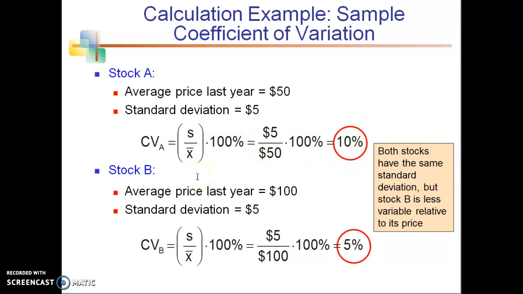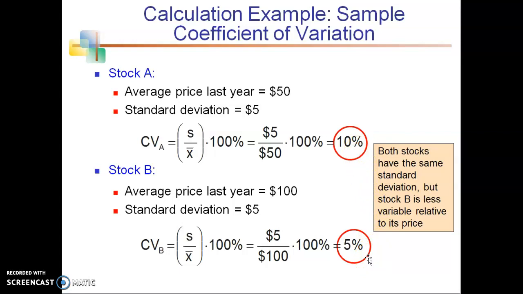Whereas stock B has the standard deviation, same, $5, but the average price is $100. So for stock B, the coefficient of variation is 5%. In other words, on average, stock A has a 10% variation in price, whereas stock B has a 5% variation in price. That makes stock A riskier than stock B.